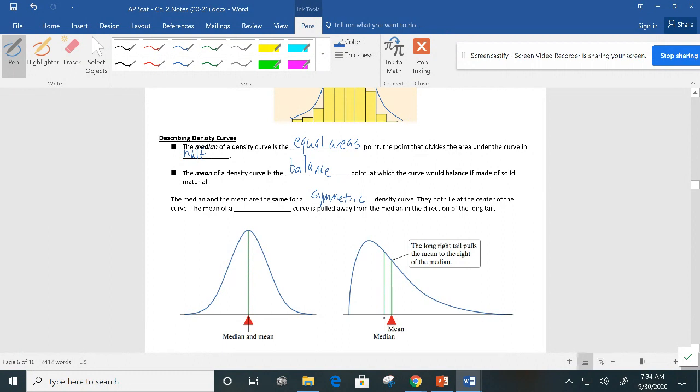The mean of a skewed distribution or a skewed curve is pulled away from the median in the direction of the long tail. And again, this is something that we saw in the last chapter. You can see here, in our symmetric distribution, the mean and the median are equivalent. In our skewed distribution, you can see that the mean is pulled in the direction of that tail.